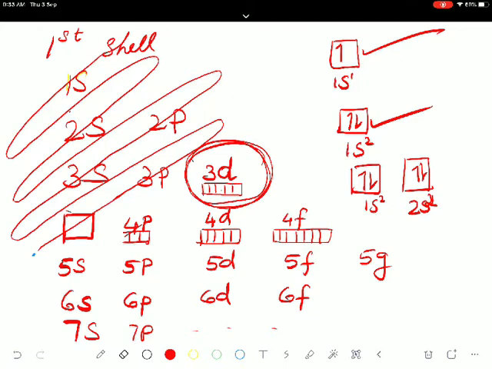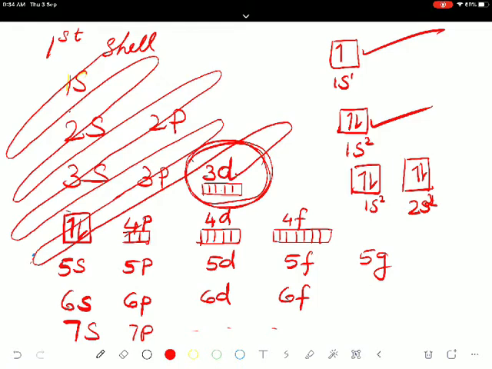After argon, potassium, one electron in 4s, calcium, next electron pair. Then after 4s it will go to 3d.